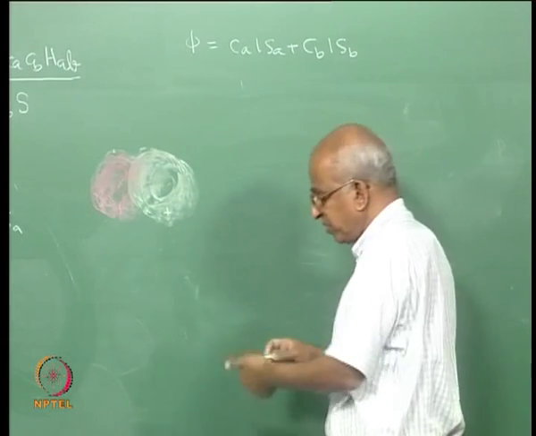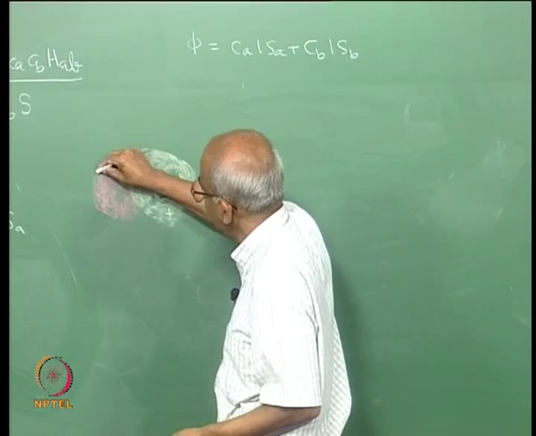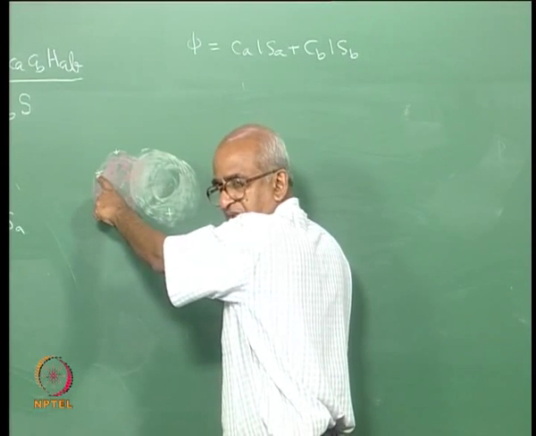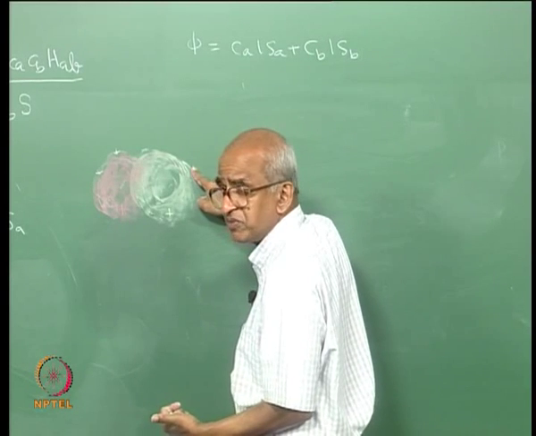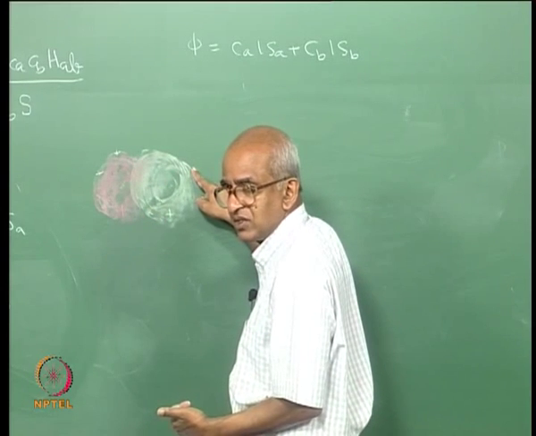The product will have a very small value at this point or at that point, because the distance from nucleus B is large. Similarly, if you think of a point here, there again the product will have a very small value, because the distance from nucleus A is large.